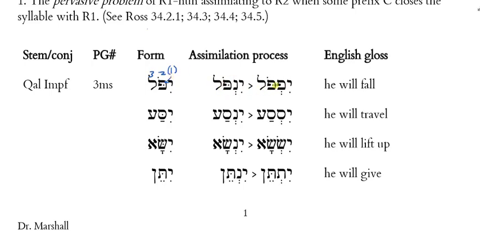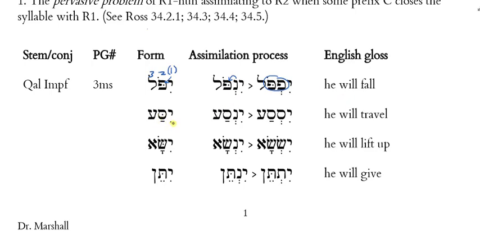So if you look at the assimilation process here on the chart, the form that you would have liked to have seen would have been yinpol with that nun there. But because this is the situation we're dealing with, nun closing the syllable and butting up against a root 2 consonant, it's going to assimilate and become identical to the pe. So yinpol would then become yippol, and then these two pes are written one time as a letter with a dagesh forte, yippol. So that's he will fall.